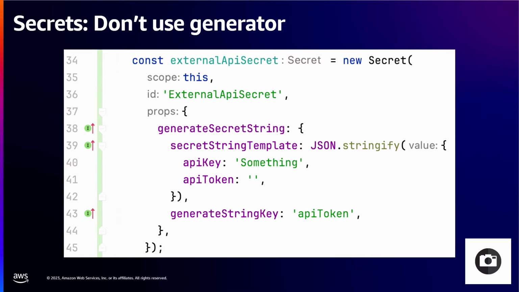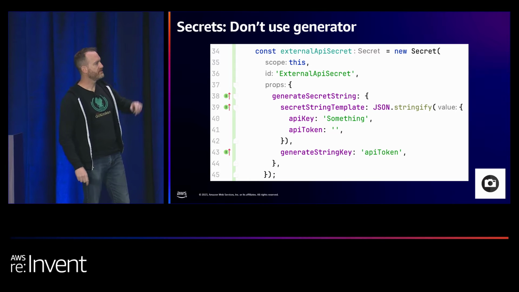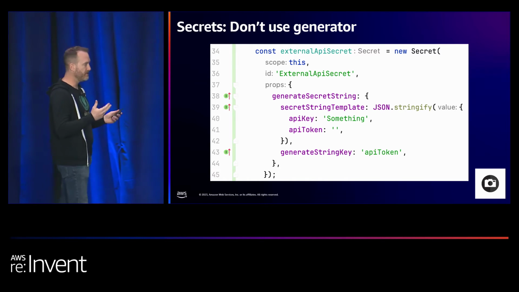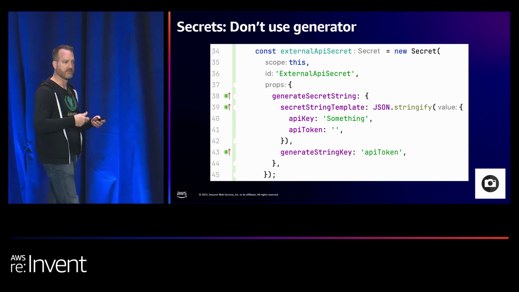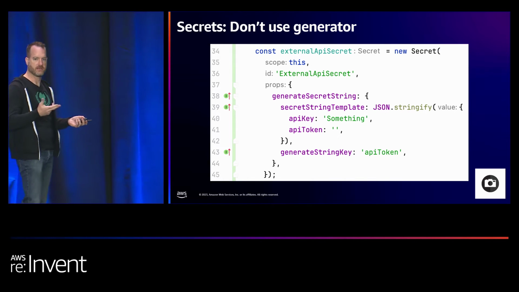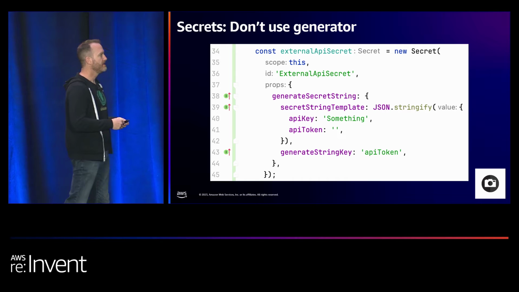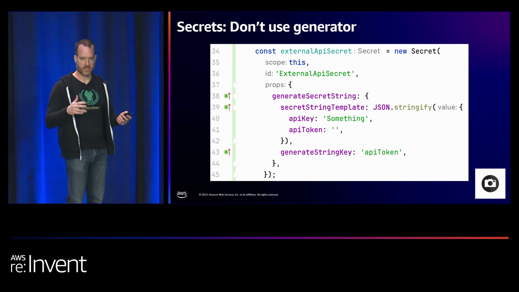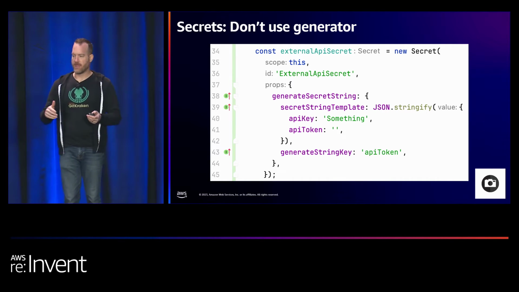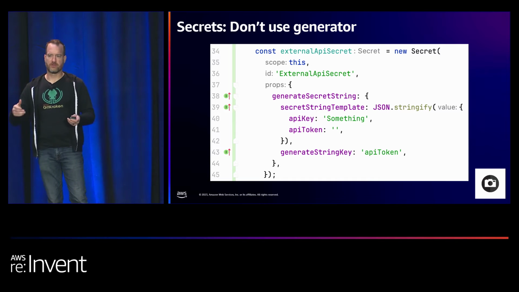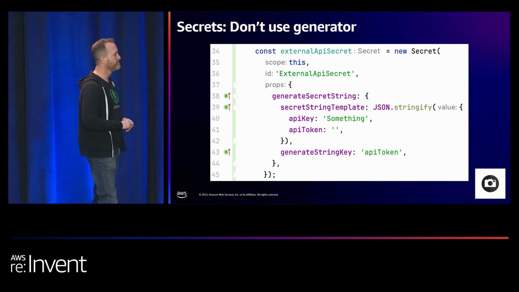It has a really, at first glance, neat feature: generate secret string. If I don't use this parameter, the secret will get created, and the value of that secret is going to be a bunch of random numbers, characters, and symbols. That's never really all that useful, so you're probably going to have to update it sometime later anyway.